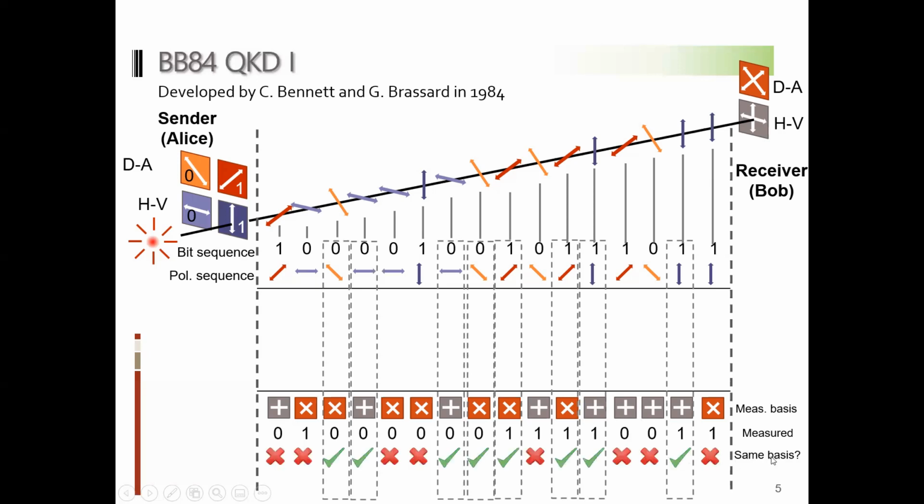When the same bases are used, they can be sure that the value Alice sent and the value measured by Bob should match each other. And now they can be sure that this is a good secret key.